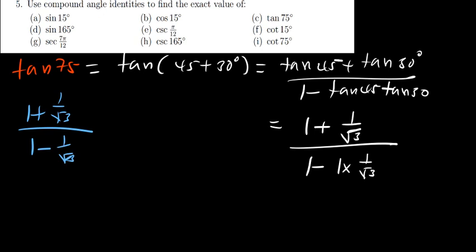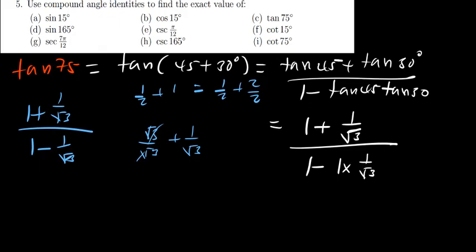Let us first simplify the top part alone as well as the bottom part alone. If you have 1 plus 1 over root 3, it's basically the same as root 3 over root 3 plus 1 over root 3, because root 3 over root 3 is 1. The numerators will be added.